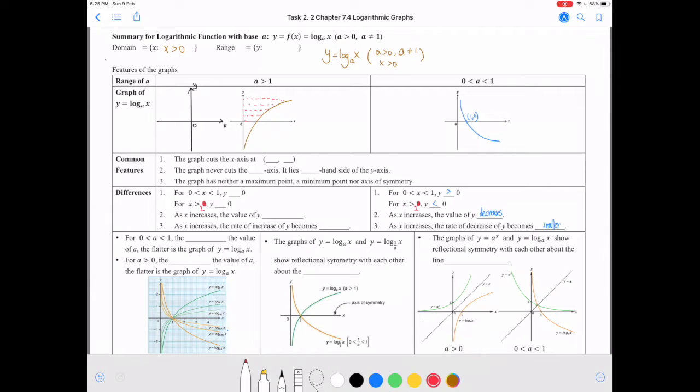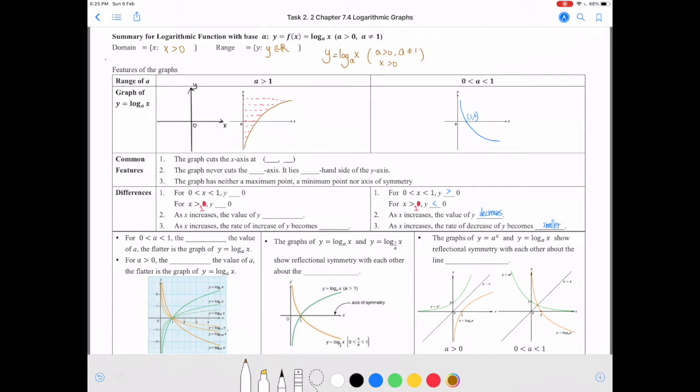Or y can be 0, right? Or y can be a negative number. So what does that mean? That means our range is actually the set of all real numbers. So the first thing about the log function is we know the domain and range.